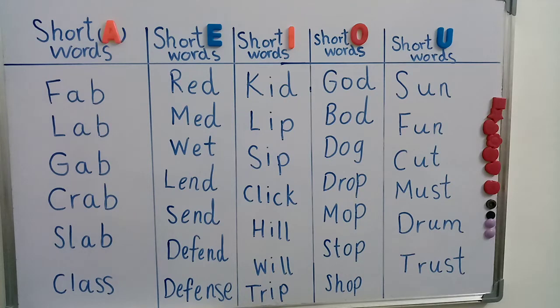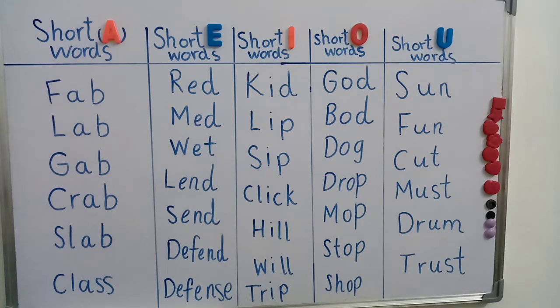Let's move now to vowels, teachers and parents. Vowels can make different sounds. We said last time that we have 5 vowels. As you can see on the board, we have the vowel A. Normally the A says a. The vowel E says e or i. Sometimes the vowel I says i or e.